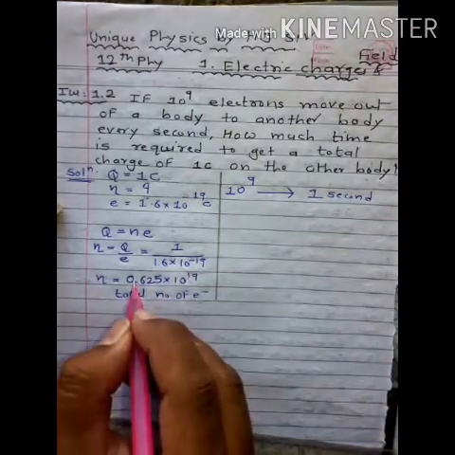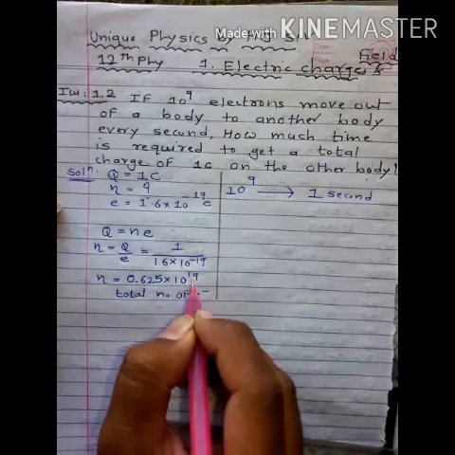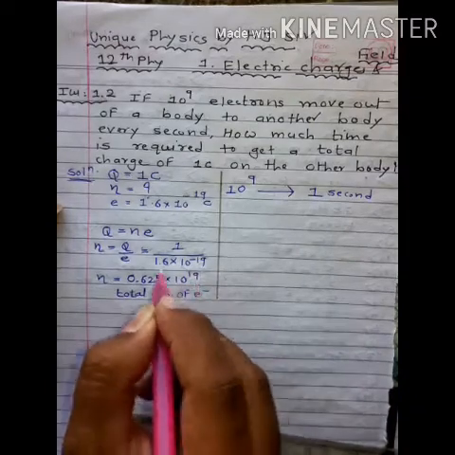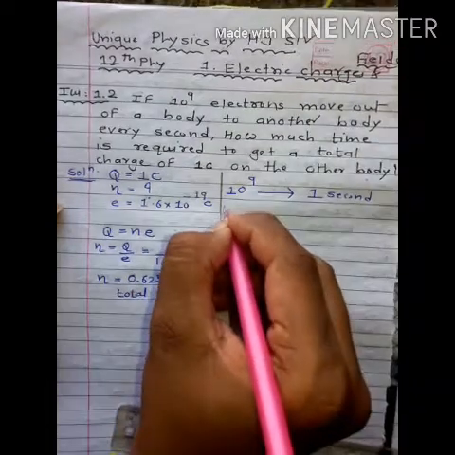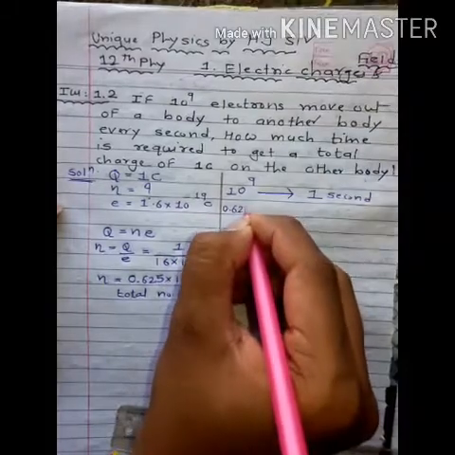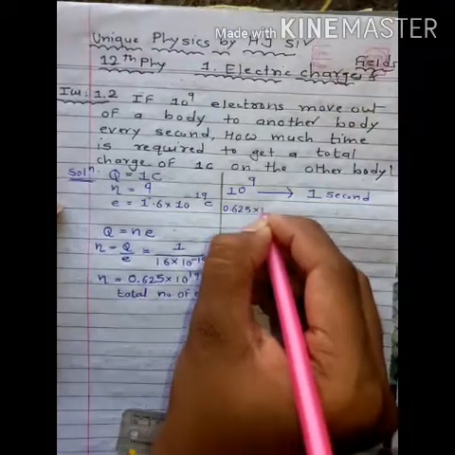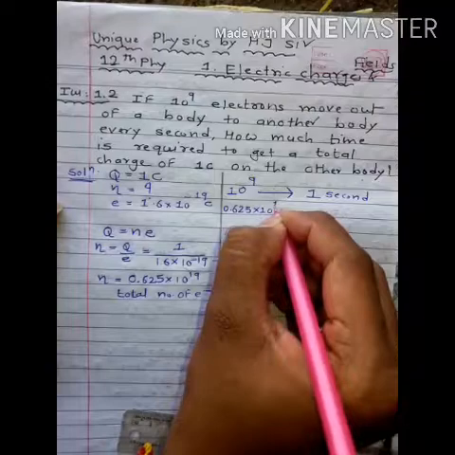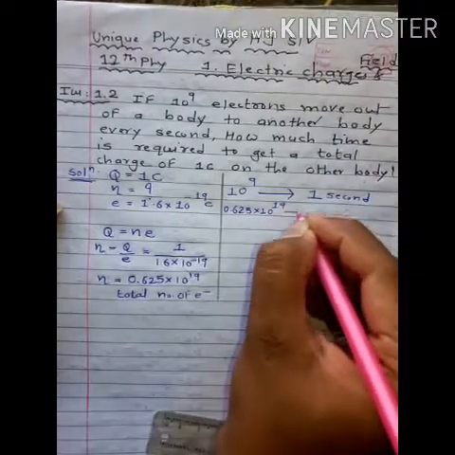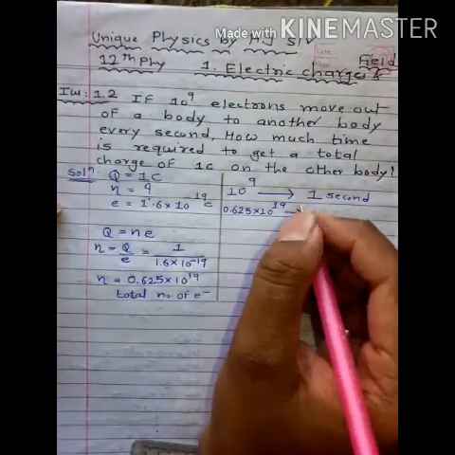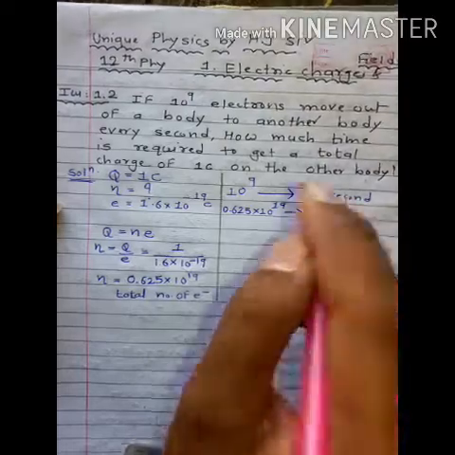But here we have 0.625 into 10 raised to 19 total number of electrons. So this number of electrons will move in how many seconds?